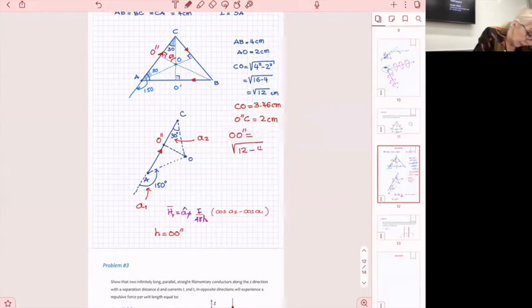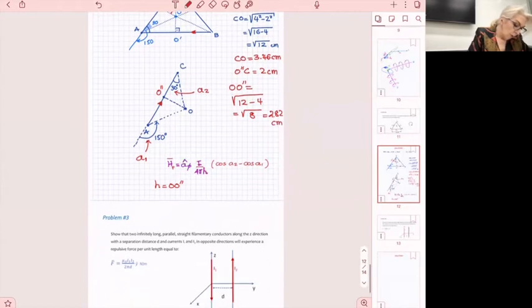So that is going to be the square root of 8. The square root of 8 gives 2.82 centimeters. So now I have cosine, so now I can write this. So this is 2.82 centimeters.